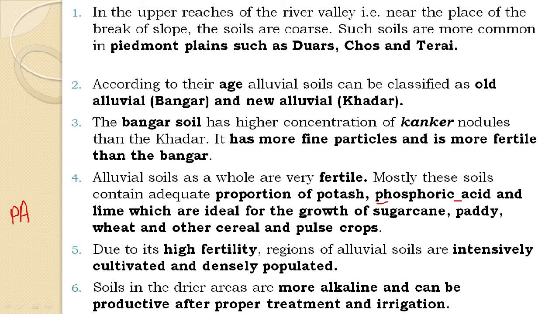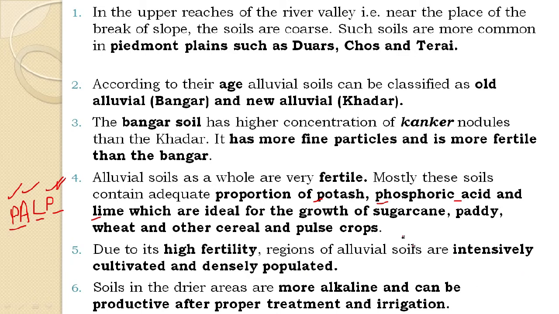Pa from phosphoric acid, then A for acid, then L for lime, and then you take the P from potash, and it becomes PALP, pulp. Now you can easily remember the nutrients in the alluvial soil as pulp. Pa for phosphoric acid, L for lime and P for potash. Now I think it becomes easier for you to remember.